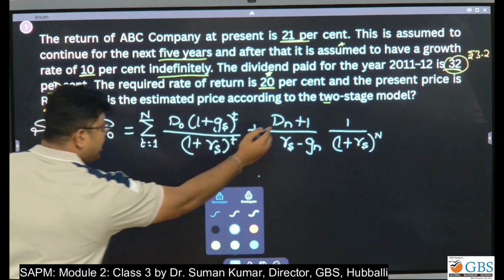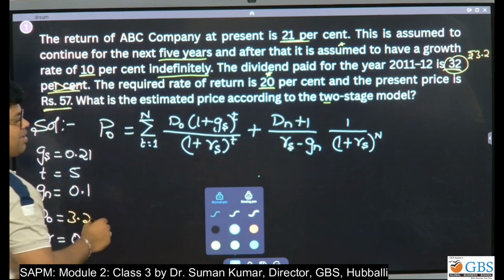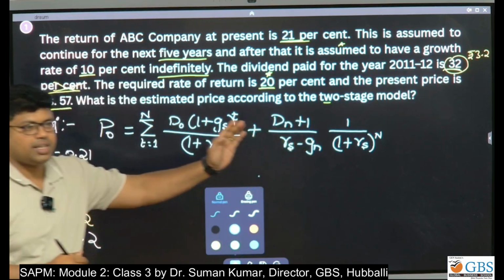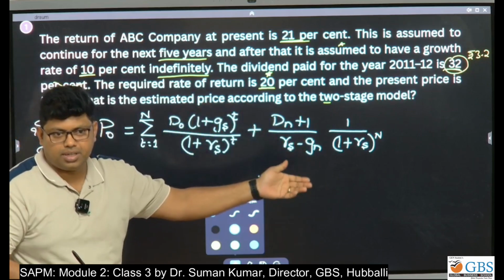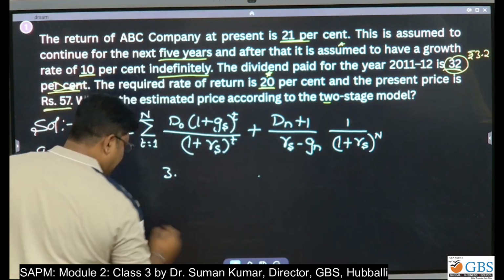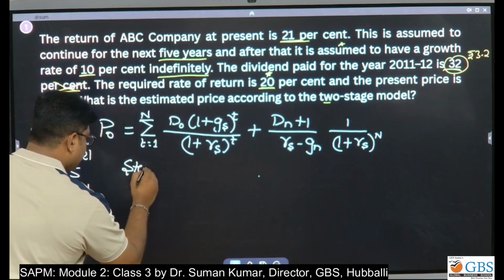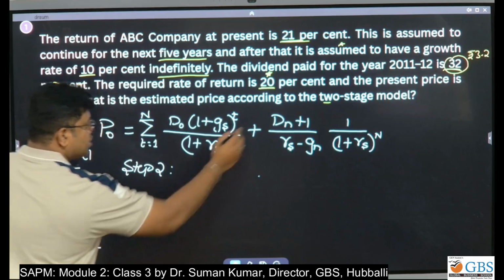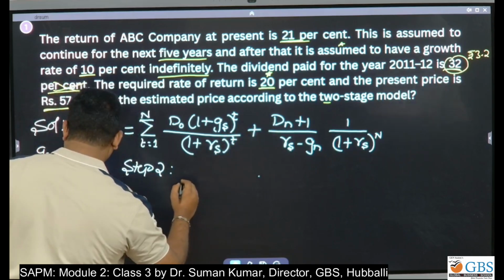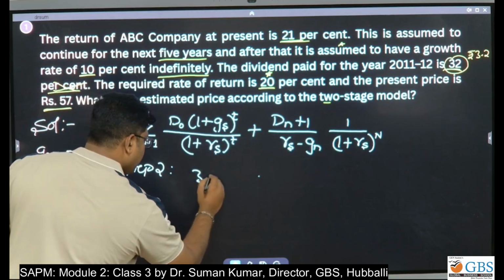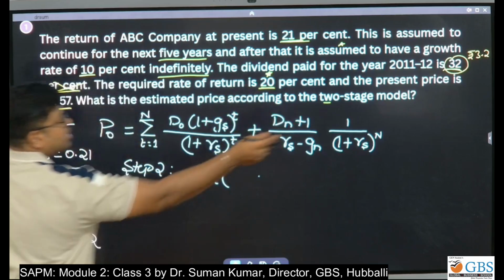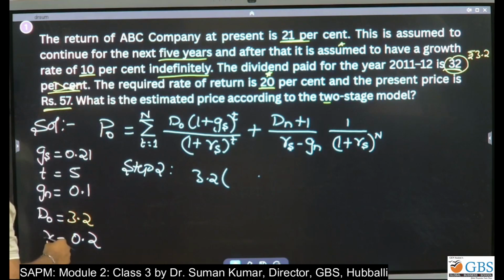So dn plus 1. What is the meaning? The second stage dividend, 3.2. See, I am writing now, I am solving step 2. So dn, that is 3.2, correct? For the next stage, what is the growth rate? 10%.